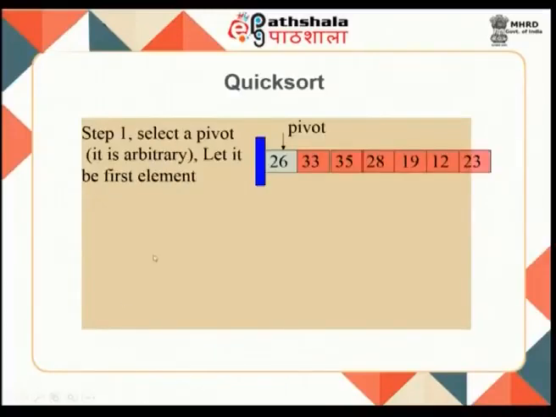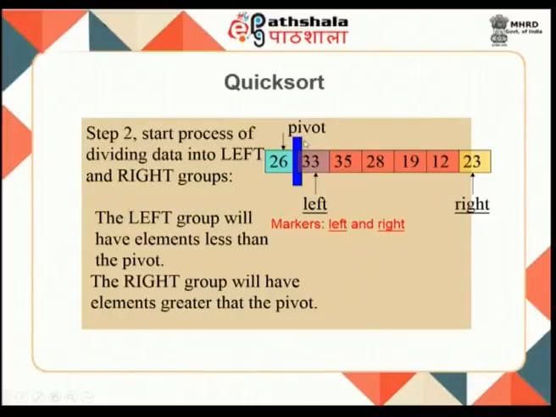We can select a pivot in an arbitrary manner, but let us take the first element itself as the pivot element, as suggested by the original author. So we will take the first element as the pivotal element.